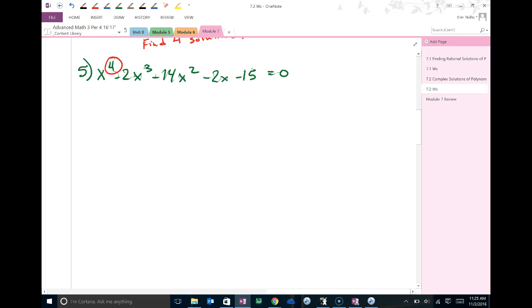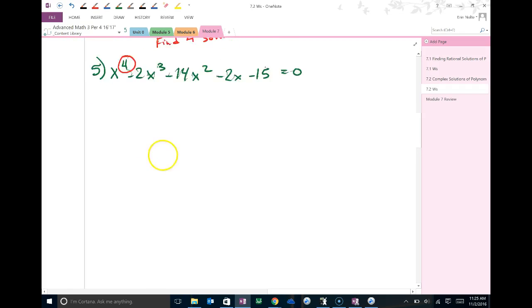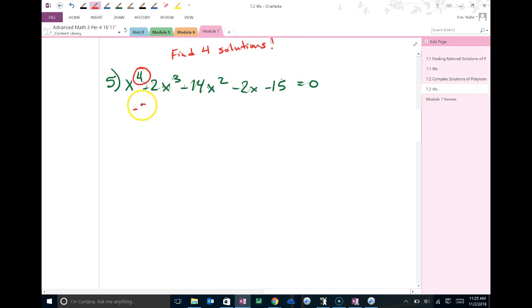Okay, so let's start with negative 3. I'm going to put negative 3 into the box. We got 1, negative 2, negative 14, negative 2, negative 15. So I drop the 1. What's 1 times negative 3? Negative 2 plus negative 3?